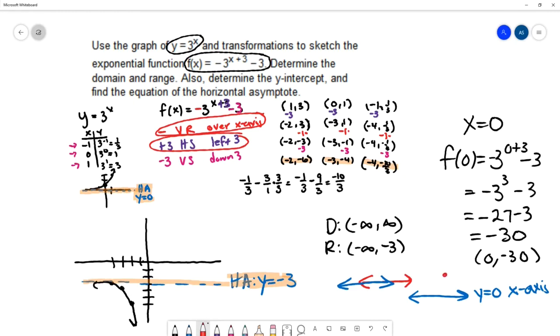Your reflection takes things that are above and mirrors it below, or takes things that are below and mirrors it above. So the vertical reflection doesn't affect it. So the only effect is the vertical shift. If there is no vertical shift, then the asymptote is going to stay y equals 0.